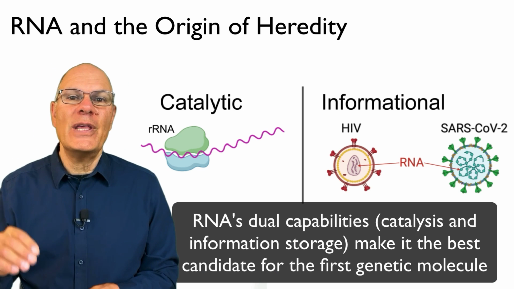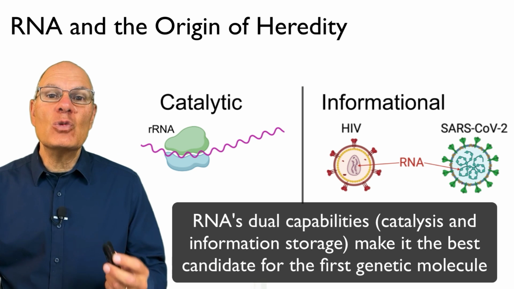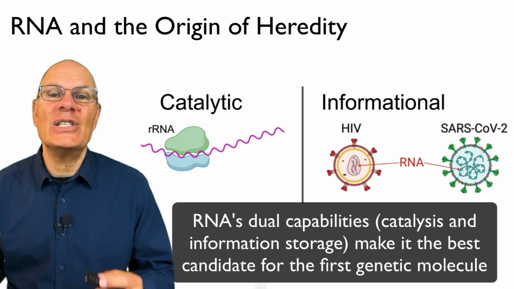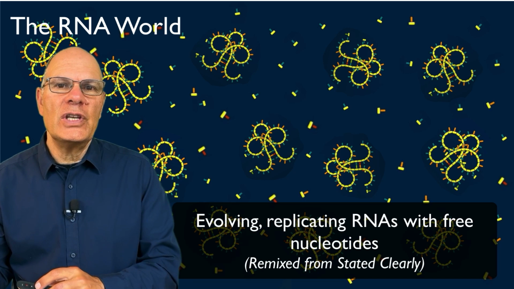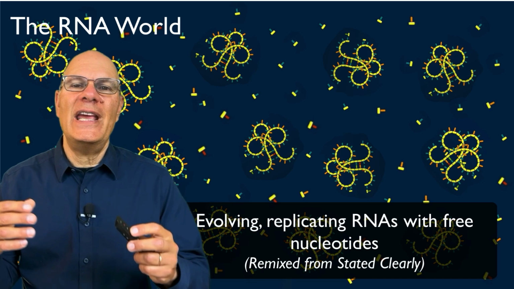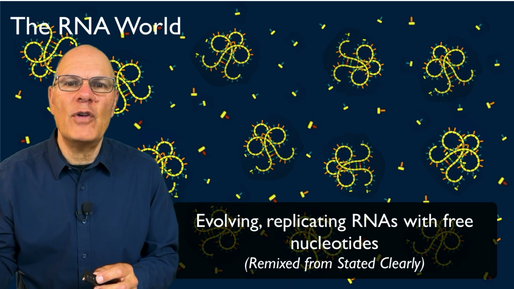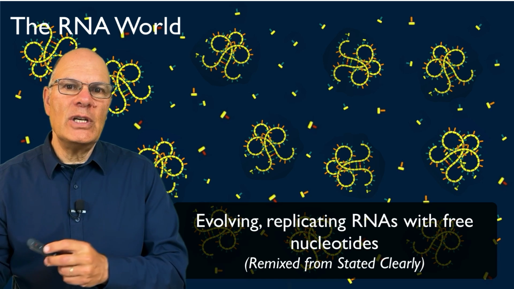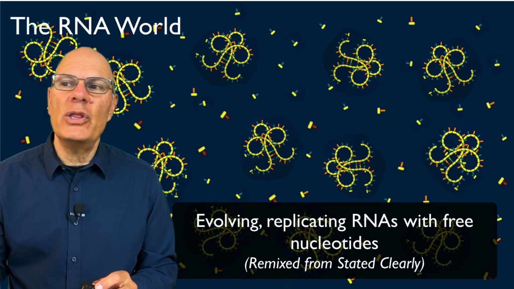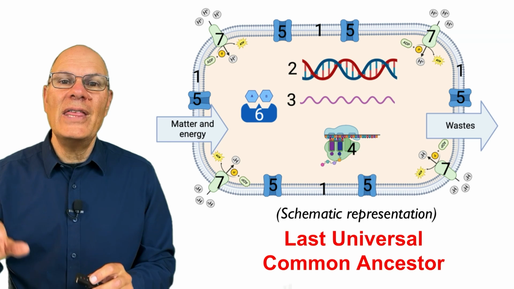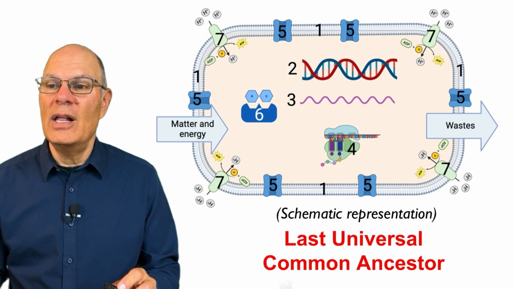RNA, because it has both catalytic abilities and information storage capabilities, is widely thought to have emerged as the first genetic molecule. Before there were cells, it's thought that there might have been a phase in which there were self-replicating systems of RNA molecules that were subject to natural selection that would grow in complexity. And that's called the RNA world that led up to the last universal common ancestor of life.